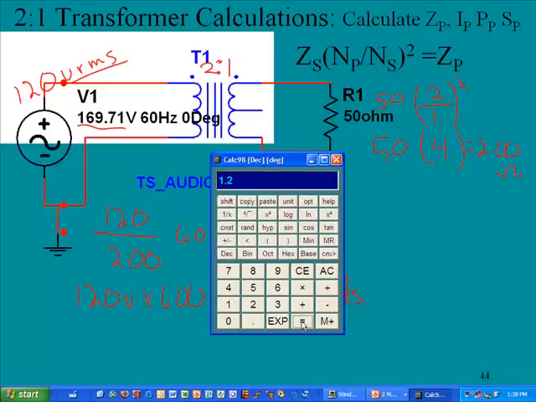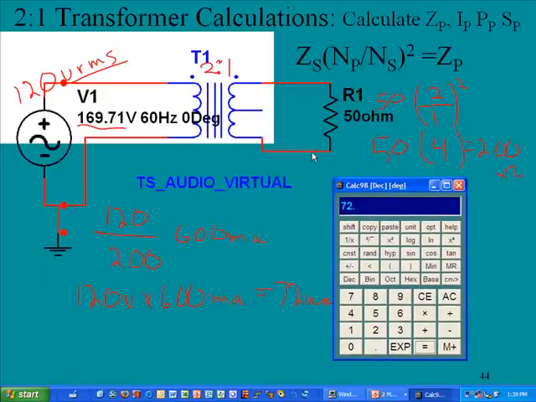Then to get power, we take that current times the voltage, 60 volts, and there we have it. We have 72 in the secondary and 72 in the primary.